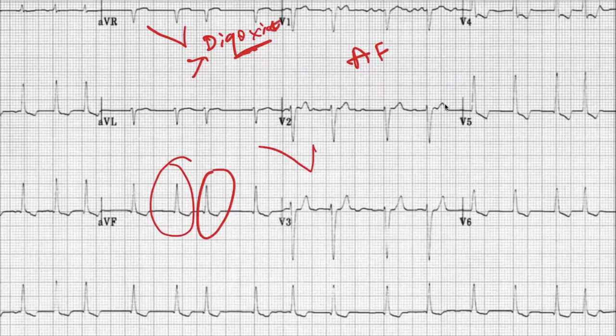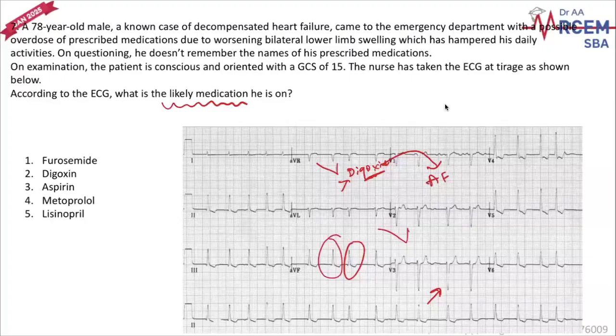Overdose of digoxin can lead to supraventricular rhythms like SVT, AF, or atrial flutter. This patient is having AF, atrial fibrillation. So the right diagnosis is that he is taking digoxin. Digoxin is a commonly used drug for heart failure. If the ejection fraction is very low, usually less than 25, they usually add digoxin so that the ejection fraction increases.